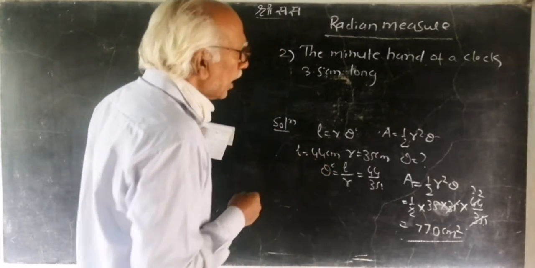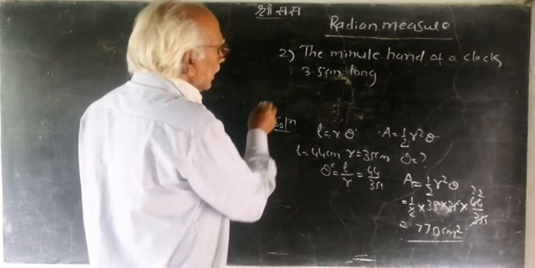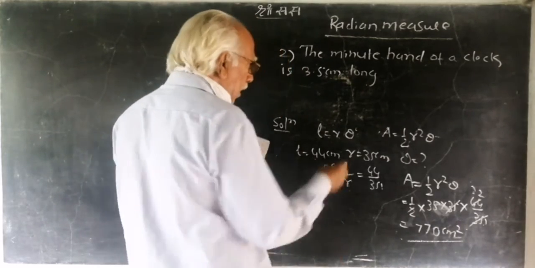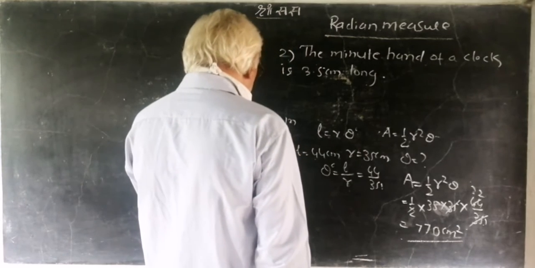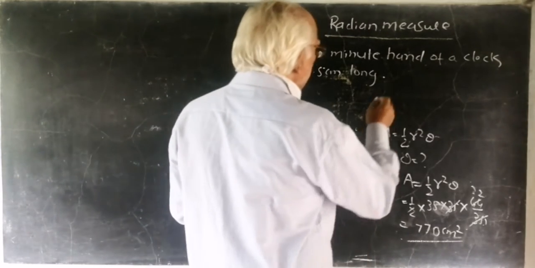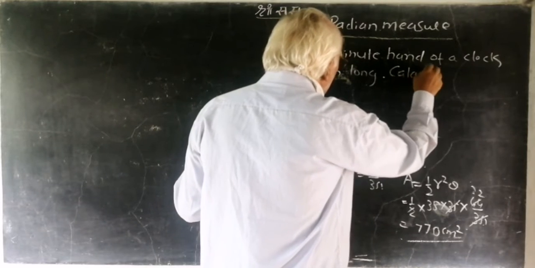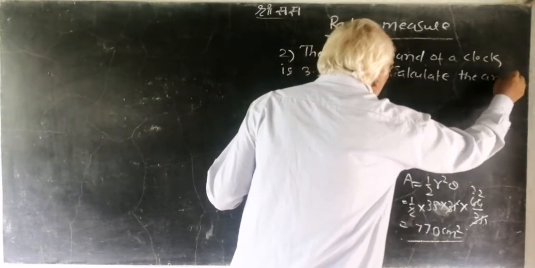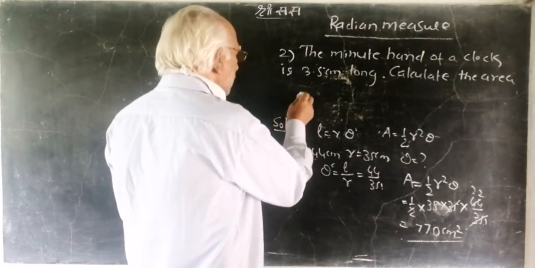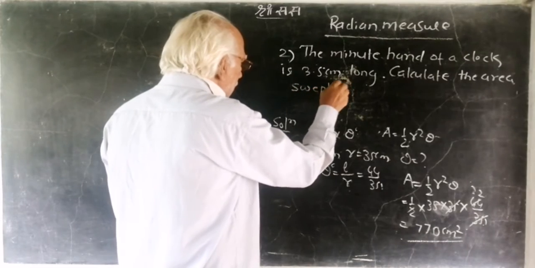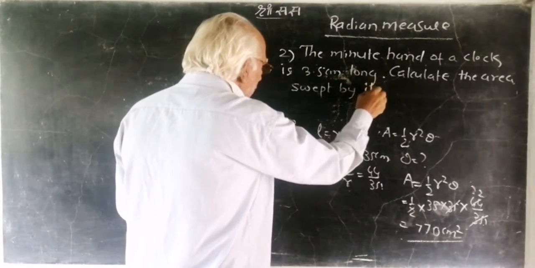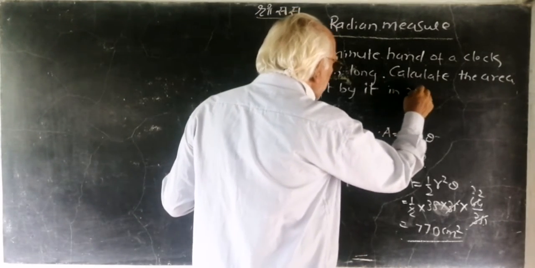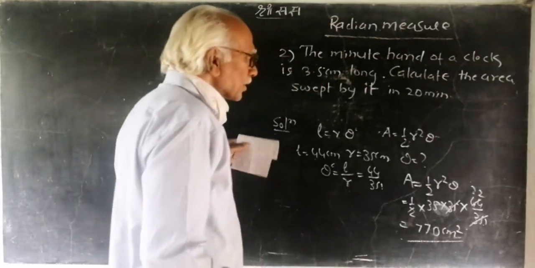Correction, the minute hand of a clock is, just you can add, 3.5 centimeters long. Calculate the area swept by it in 20 minutes.